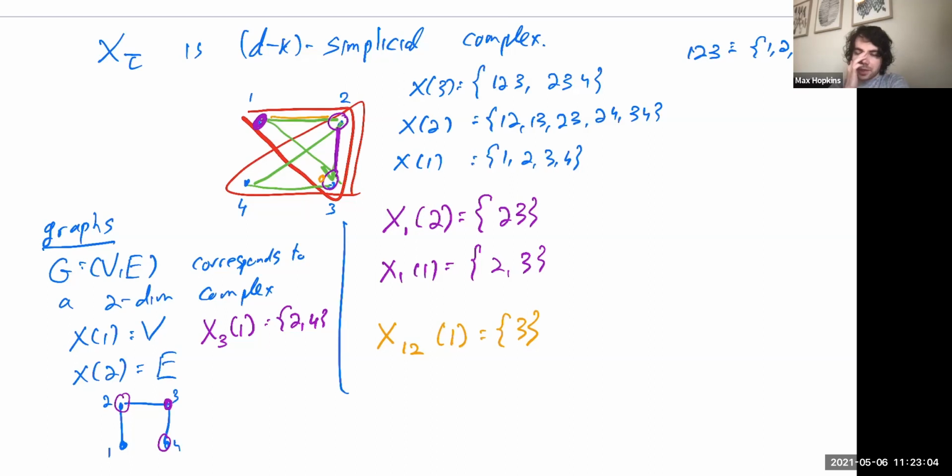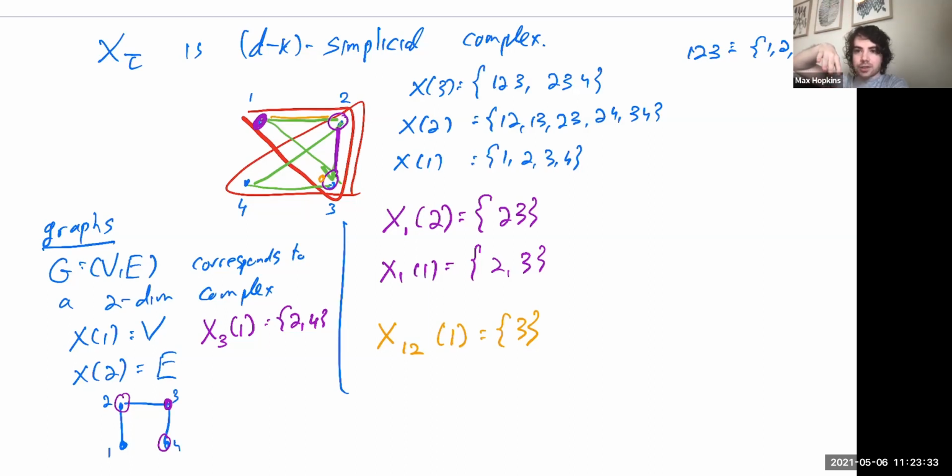I think Shahar basically said this in one of the many ways he described links, but I wanted to make it very explicit because, at least to me, it's the most intuitive and natural way to view links. To construct the link of some face, in this case a k-face tau, you look at all the top level faces that contain tau, you remove tau, and then you downward close those faces.